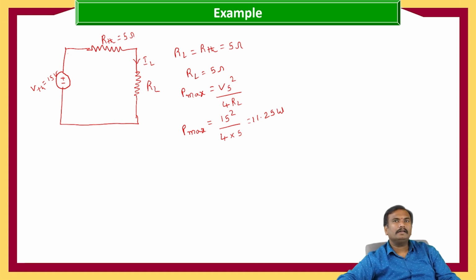Like this we can calculate the load resistance value where the condition is satisfied for maximum power transferred from source to load, and also the maximum value of power.